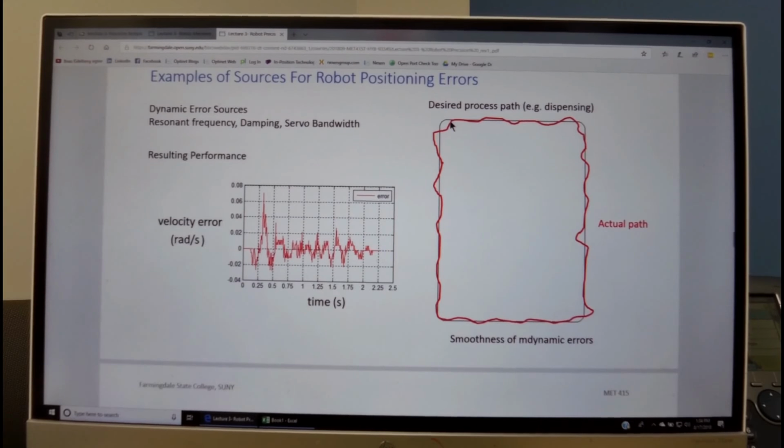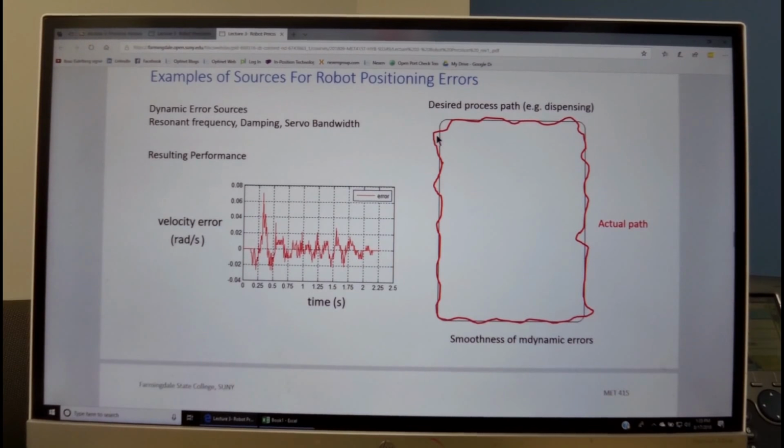We have here an example of a dispensing process where the robot is required to trace straight lines with radii, and due to flexibility within the robot, if the robot is not dynamically stiff enough, we may get a wiggling path of motion, which of course results in error.